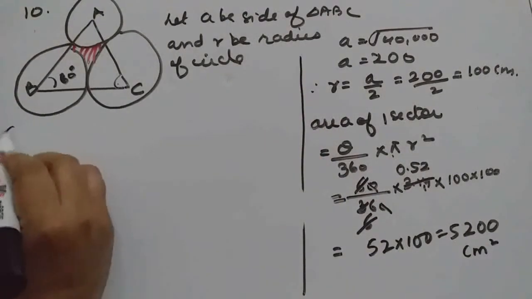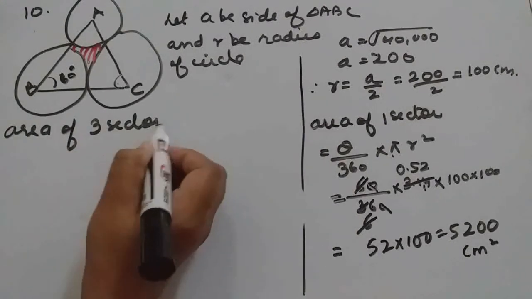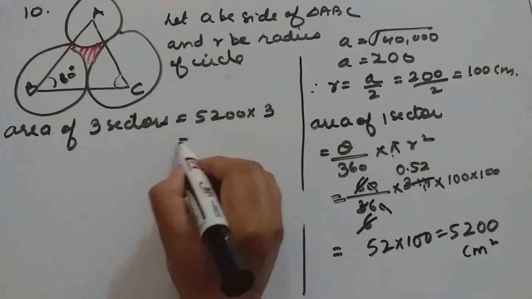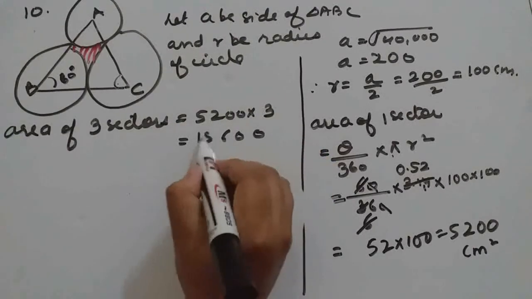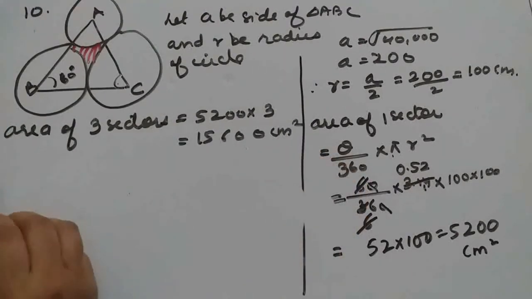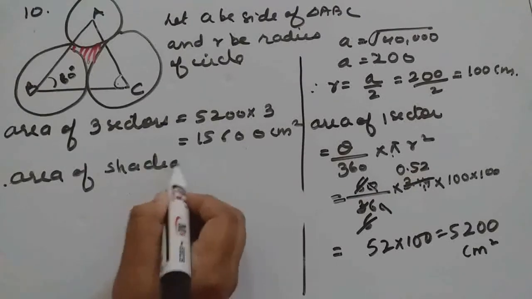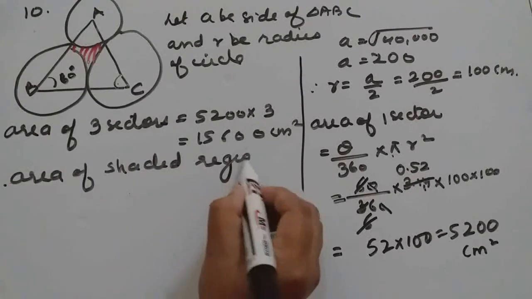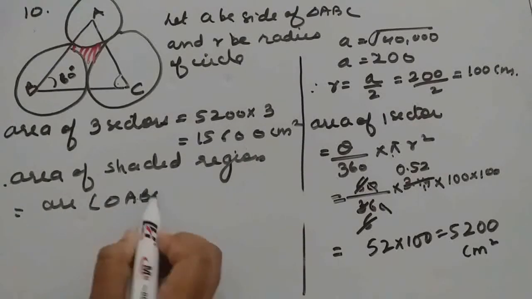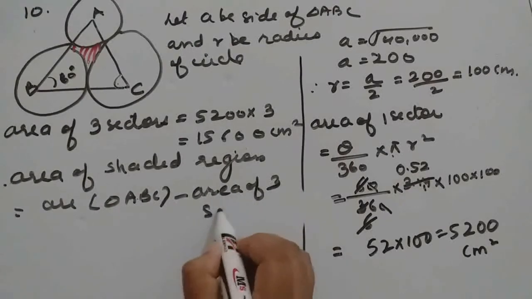So the area of 3 sectors will be 15,600 centimeter square. Therefore, the area of the shaded region will be the area of triangle ABC minus the area of 3 sectors.